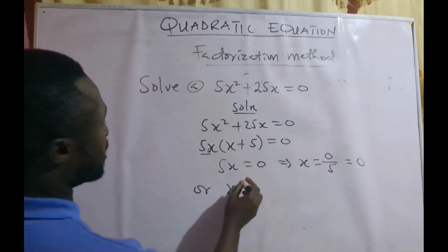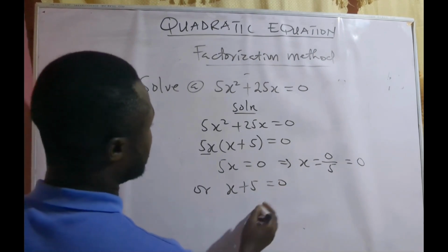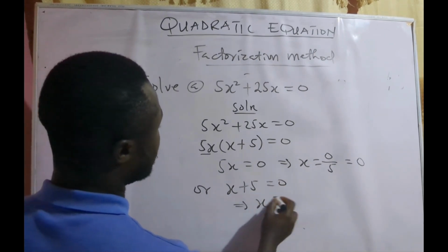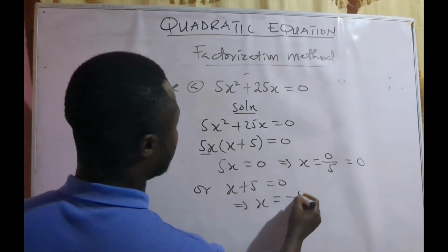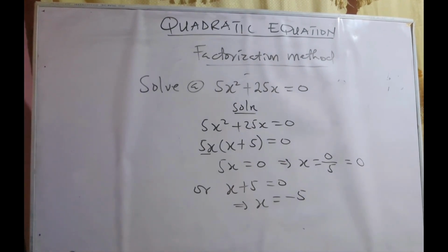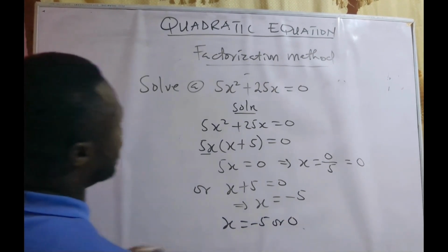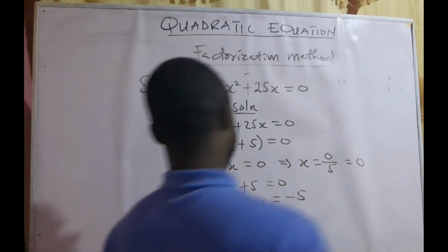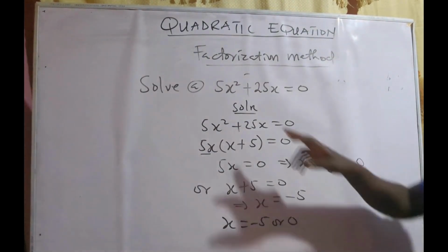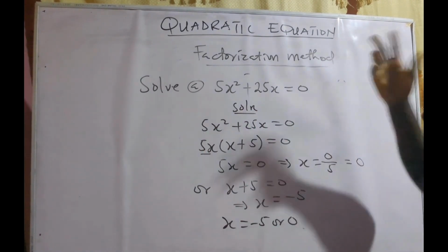Or x plus 5 also going to give us 0, which means that x is going to give us what? Negative 5. Alright, so our values of x is either x is equal to negative 5 or 0. That means negative 5 and 0, when substituted in the equation, will satisfy the equation.